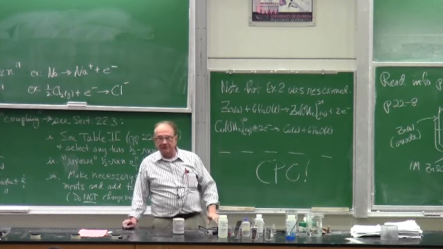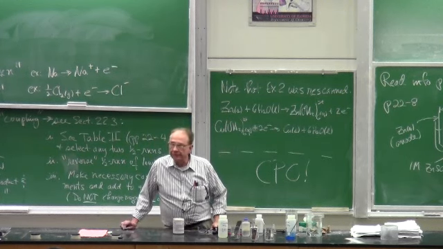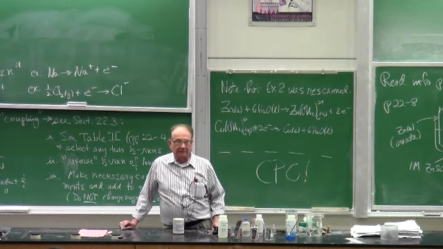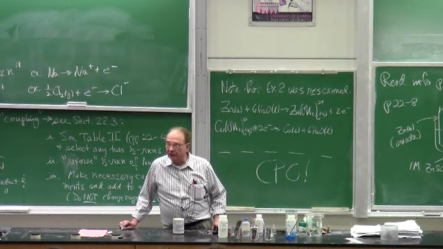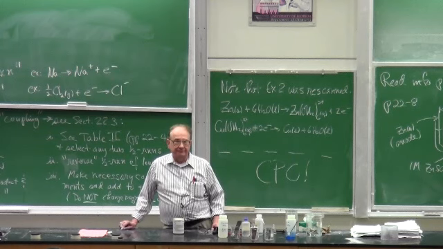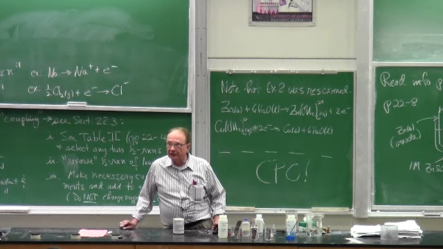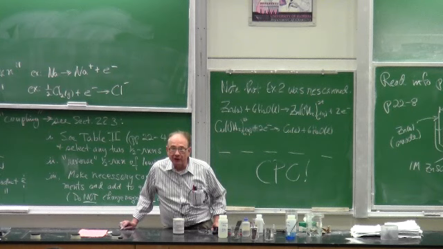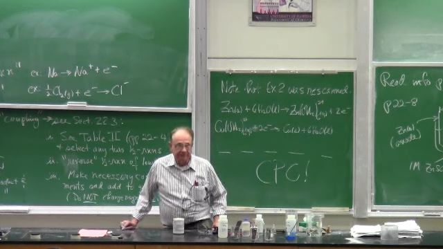And it also means that copper, which is the conjugate reducer of hydrated copper ion, cannot reduce hydrated zinc ion, because hydrated zinc ion is a weaker oxidizer than hydrated copper ion, and zinc is a stronger reducer than copper.